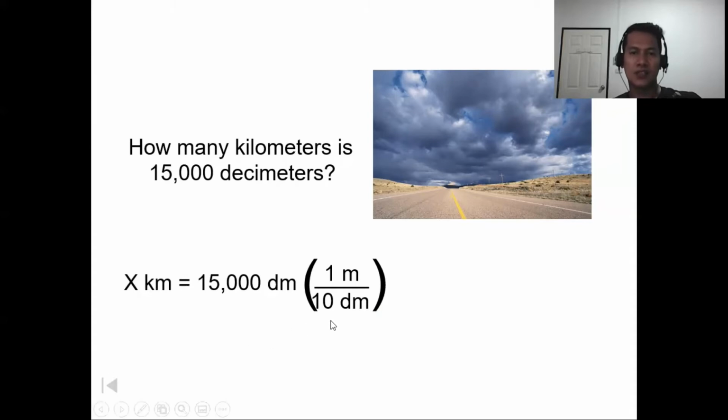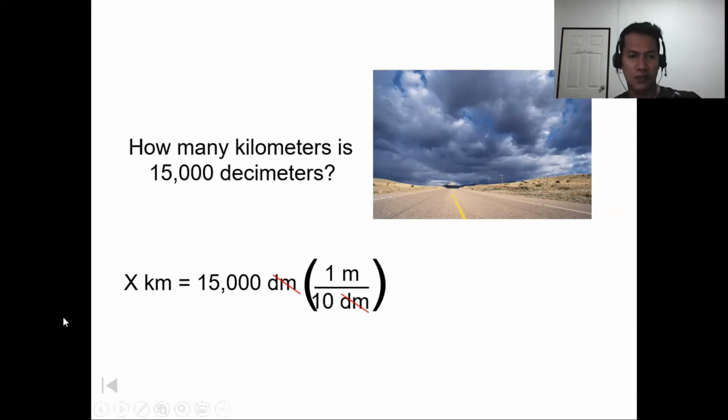We need to convert decimeters into meters, and we already know that in 1 meter there are 10 decimeters, okay? So cancel out decimeters, and so you already have meters, but this is not yet the correct unit, right?